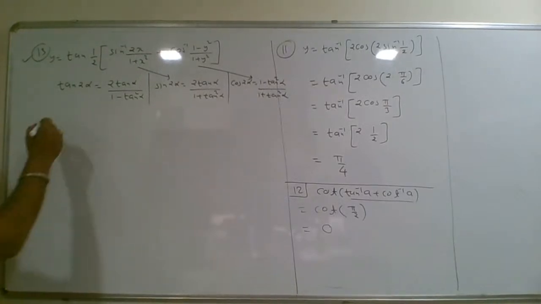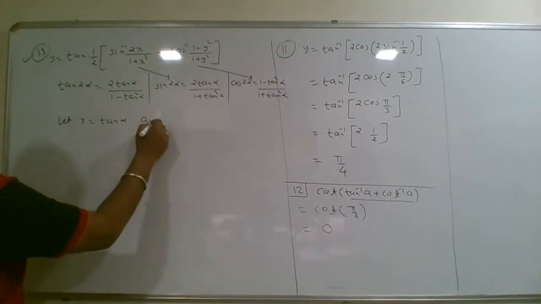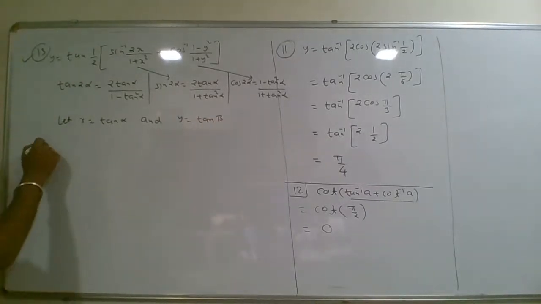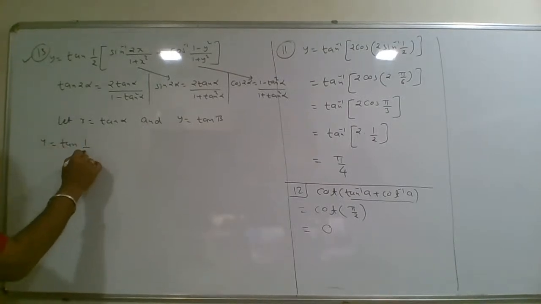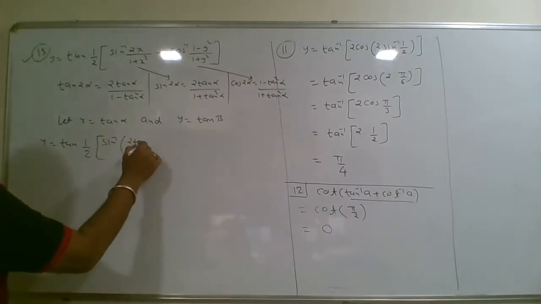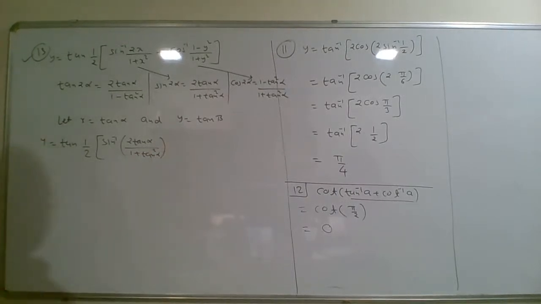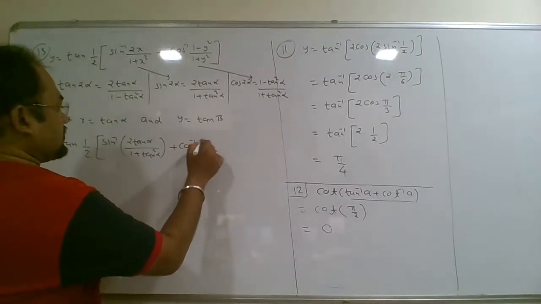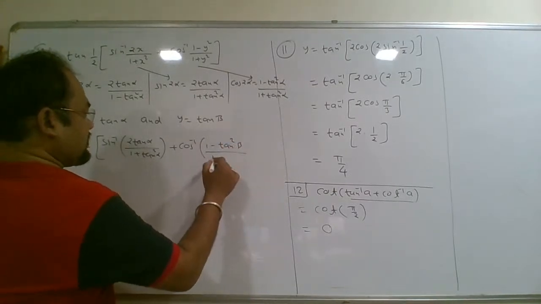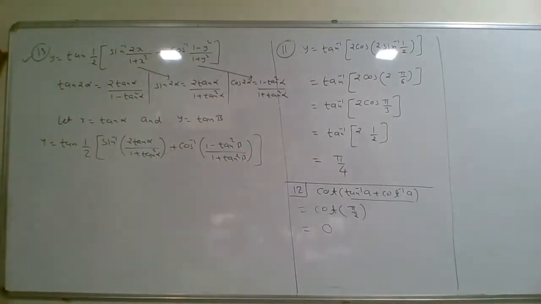So here these two are in the form of sin 2 alpha, cos 2 alpha form. Okay. So simple. Suppose x equal to tan alpha and y equal to tan beta. So the question equal to what? Tan of half of sin inverse 2 tan alpha upon 1 plus tan square alpha plus cos inverse 1 minus tan square beta upon 1 plus tan square beta.